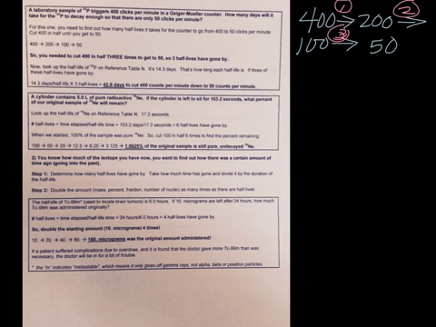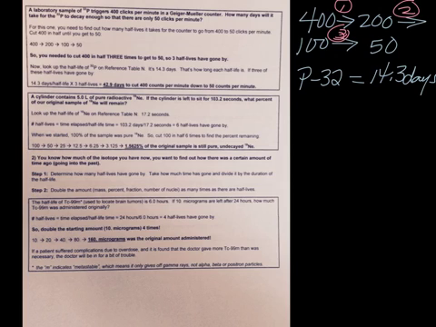Now, if we go to table N and we look up the half-life of P32, it tells us P32 has a half-life of 14.3 days. So they want to know what's the total time.